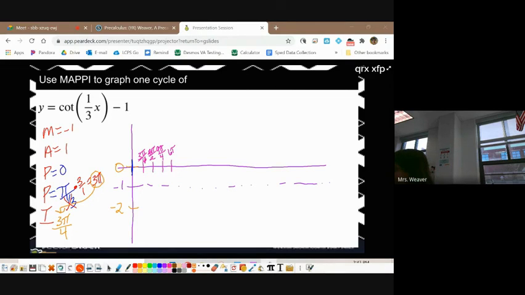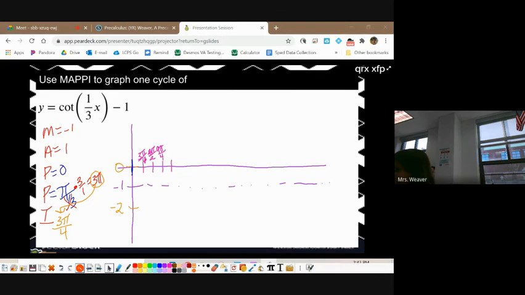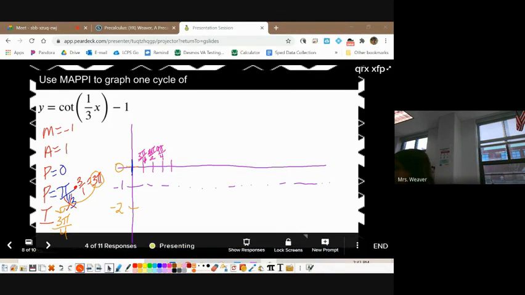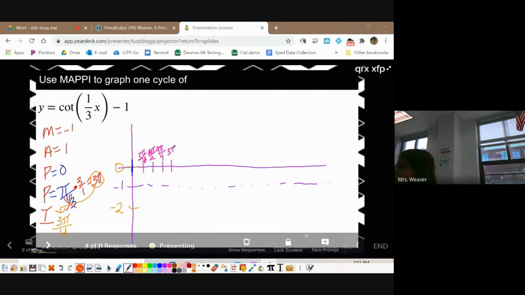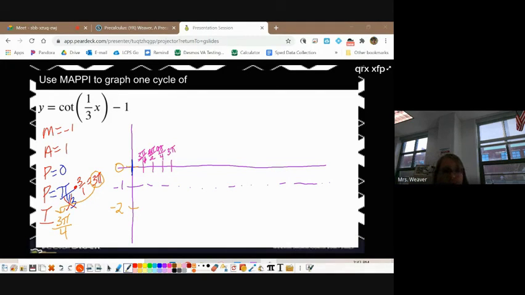Self-correction, it's important, right? 12 divided by 4 is 3, so that'll be 3 pi. Okay, I went ahead and simplified as I went, but you could have just said 3 pi over 4, 6 pi over 4, 9 pi over 4, 12 pi over 4, and then came back and simplified in the second step, okay? Either way is okay.